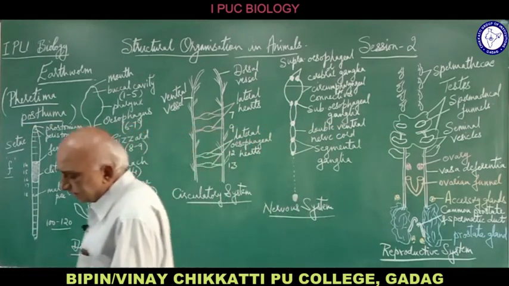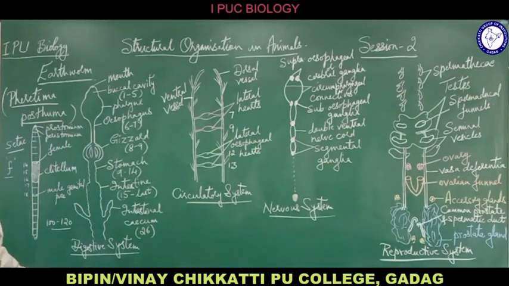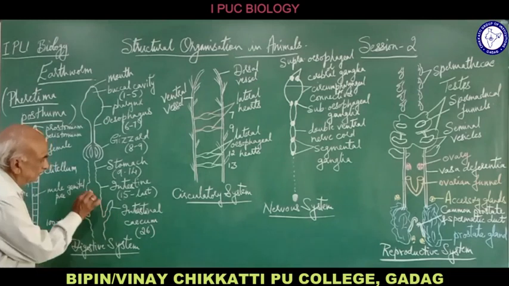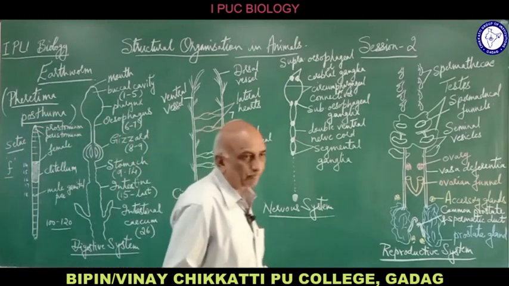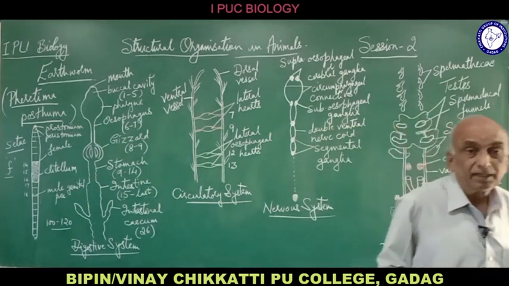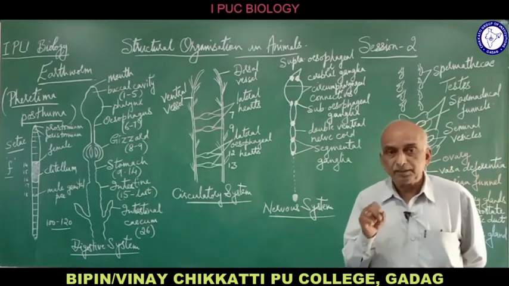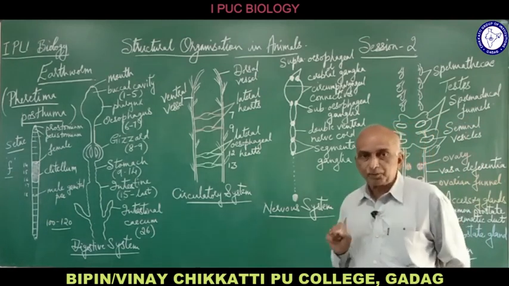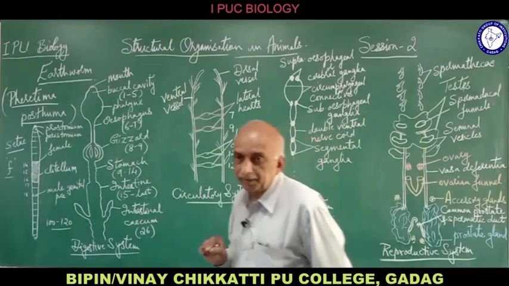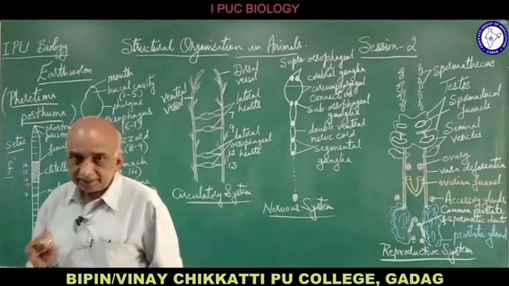So that is seen in this intestine. And in addition to this, the intestine has folds inside. As in the human intestine, the small intestine has villi. They are finger-like projections in the inner wall of the intestine.